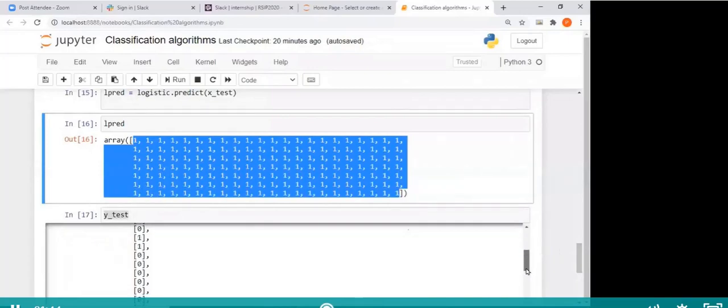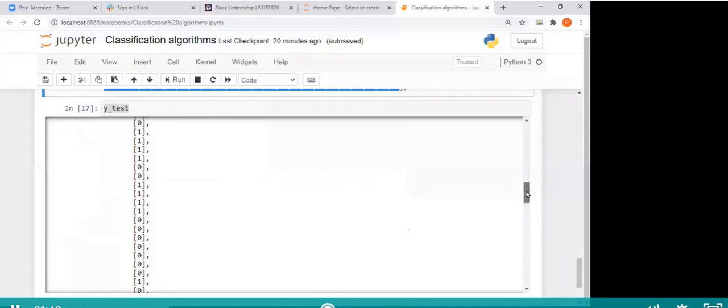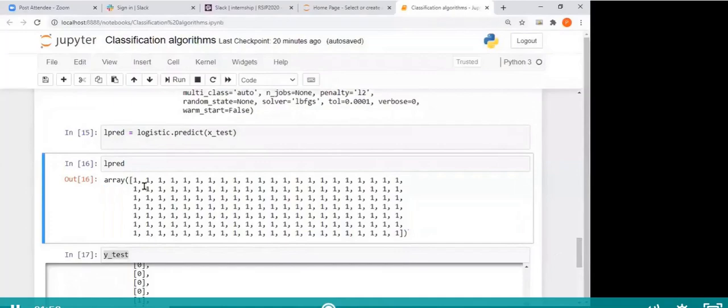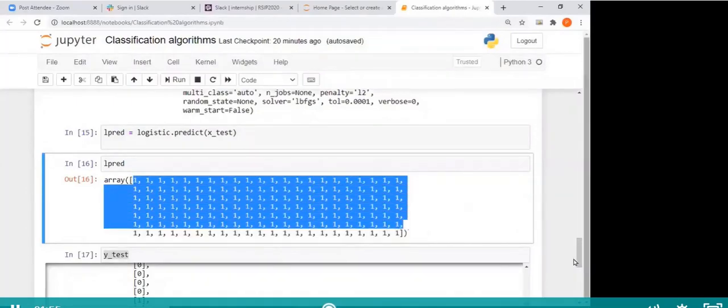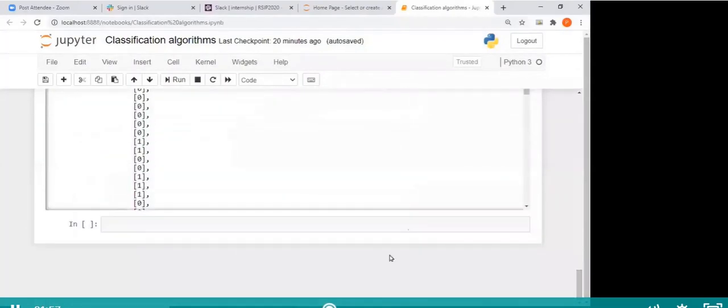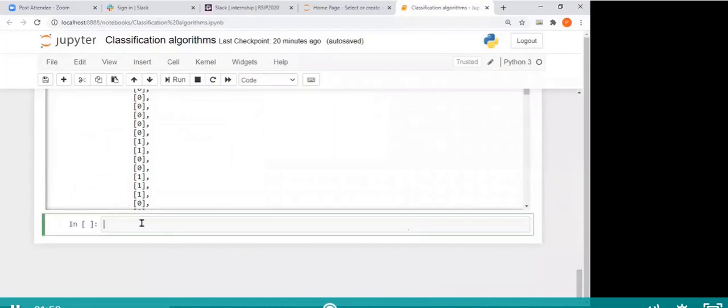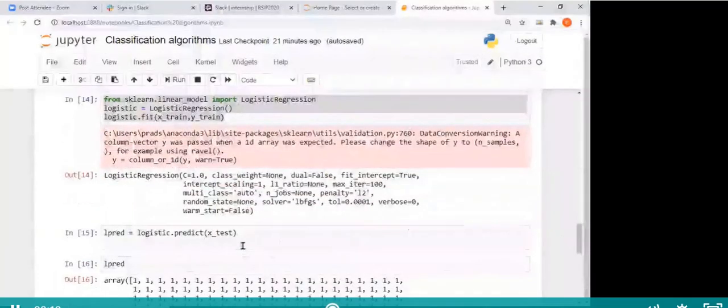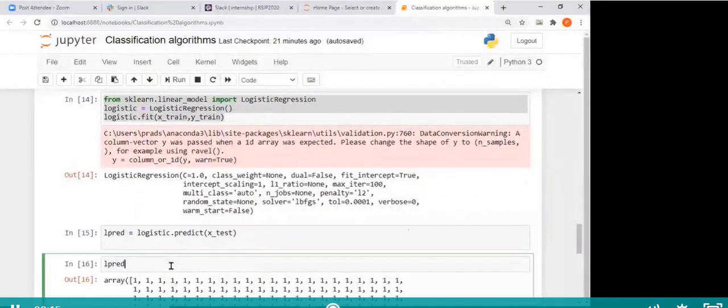But in the data set we have ones and zeros. So let's see the accuracy now. The accuracy should be somewhat less, but let's see whether it is less or not. Understood till here? Okay, you got ones and zeros only. Maybe my algorithm didn't predict properly. I told you, right?